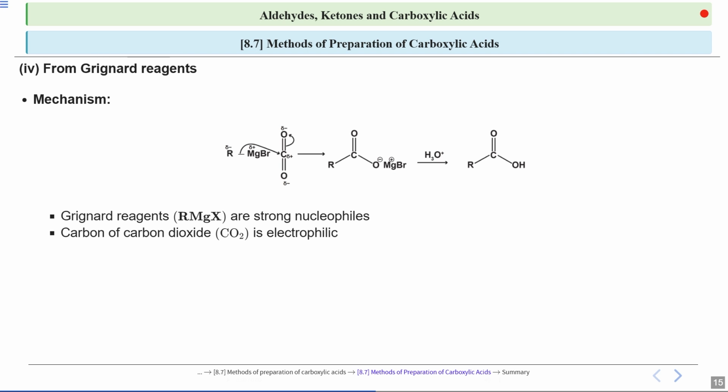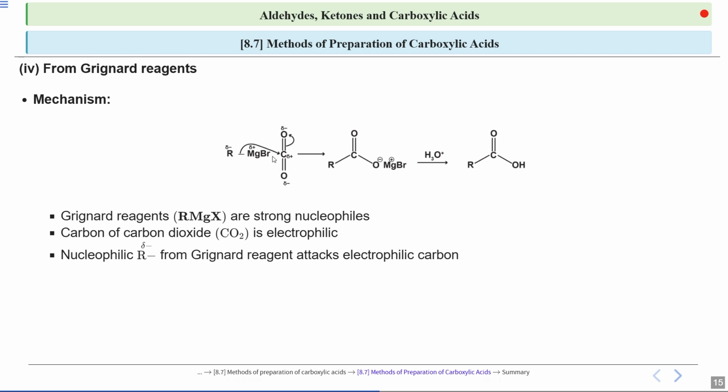That means it has a partial positive charge and is attracted to electron-rich species like nucleophiles. So Grignard reagent is acting as a nucleophile, and CO2 is acting as an electrophile. In this reaction, the electrophilic carbon in CO2 is the target for the nucleophilic attack by the Grignard reagent.